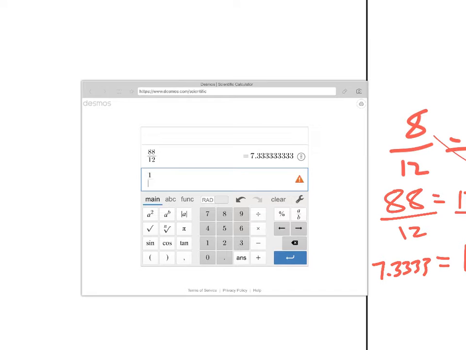We have 1/2 times 22 is the base, times that 7.333. I'm going to put ans, which is answer. That brings that down in there. It gives you the last answer. And we get, there you go, 80.6 repeating. All right. So that's great.